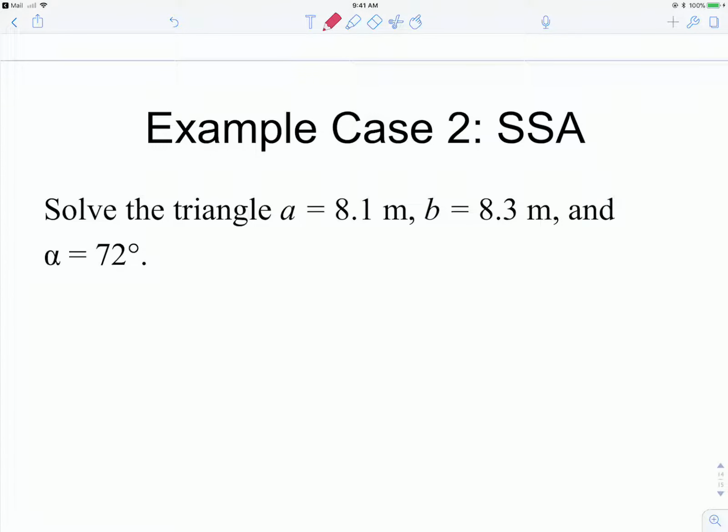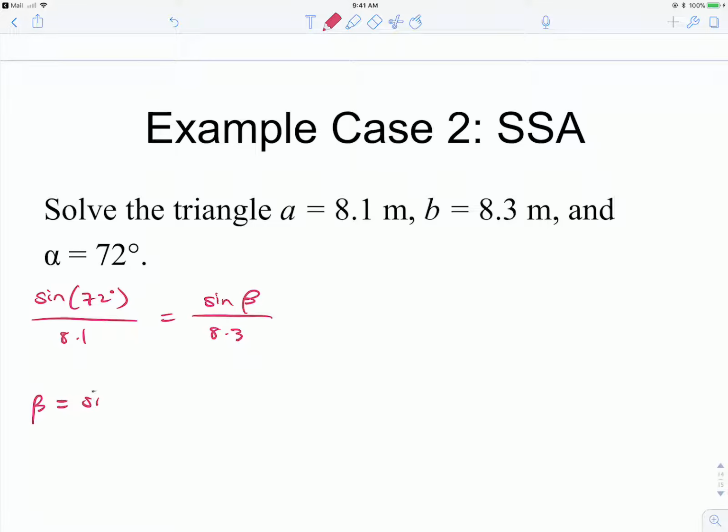So it's another SSA case. So we need to solve for angle beta first. So sine of 72 degrees over 8.1 equals sine of beta over 8.3. So to find beta, I'm going to flip this around.